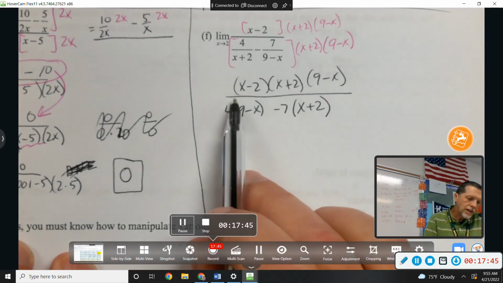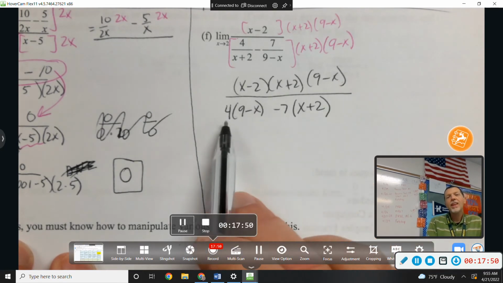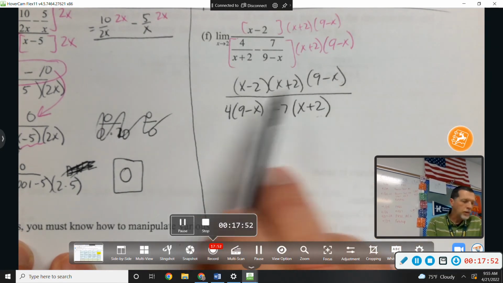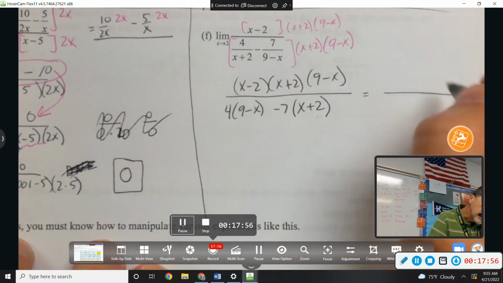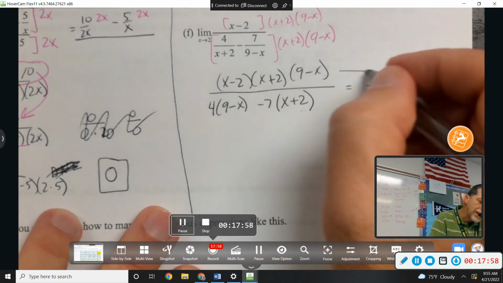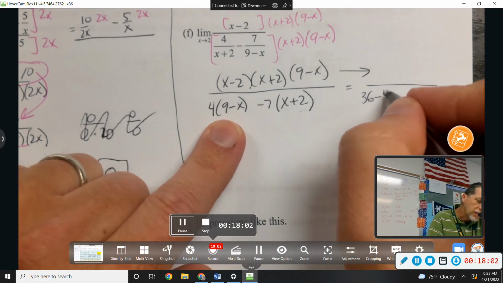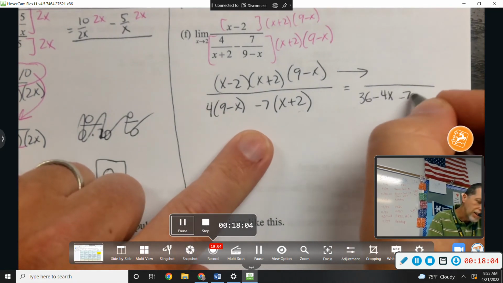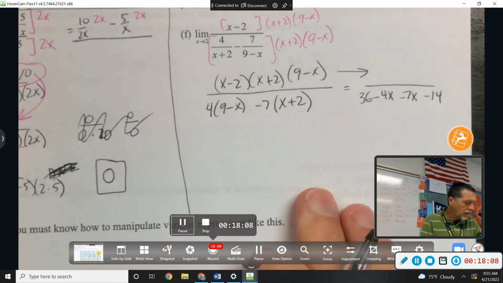So I like the top because it's already factored. I hope something will cancel. I need to clean up the bottom and hope something will cancel out of that. So top stays the same. I'm not even going to rewrite it because I'm worried about the bottom right now. 36 minus 4x minus 7x minus 14.